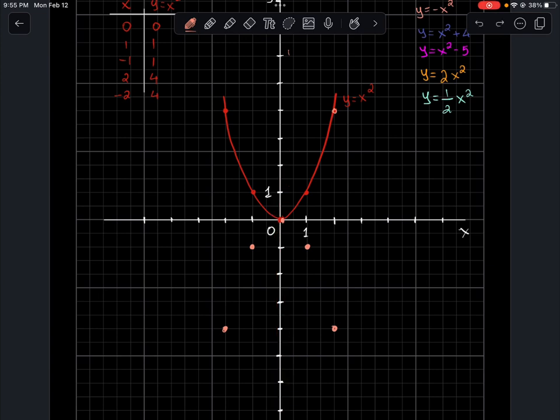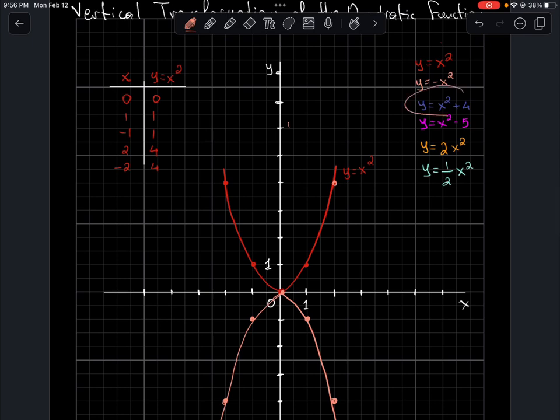Alright, and that is what we are getting. Okay, this is the graph of y equals negative x squared.